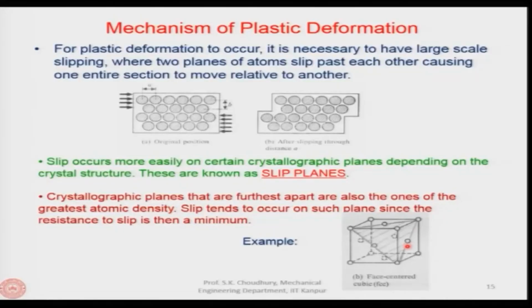I will give you an example. Suppose we have a material with the face centered cube. You are all familiar with the face centered cube; there are BCC and FCC. Let us take an example of the FCC. Here we have atoms at each face.